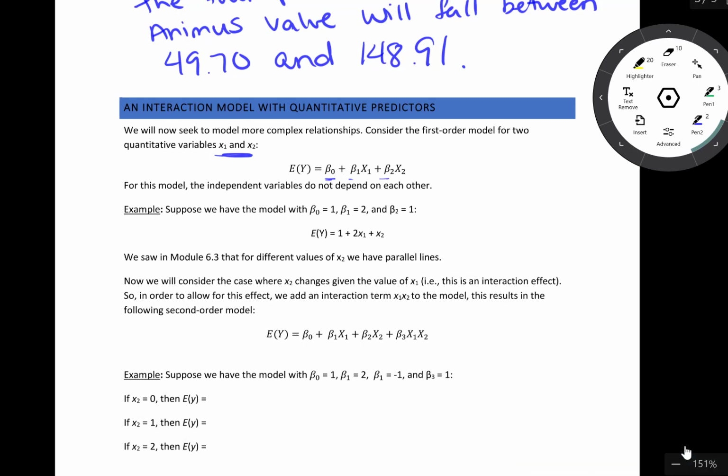We're saying this is what the parameter values are equal to. Recall that we saw in module 6.3 that for different values of x2, we have parallel lines. You may want to go back to module 6.3 and remind yourself of that example. Now let's consider the case where the effect of x2 changes given the value of x1. This is what we call an interaction effect.